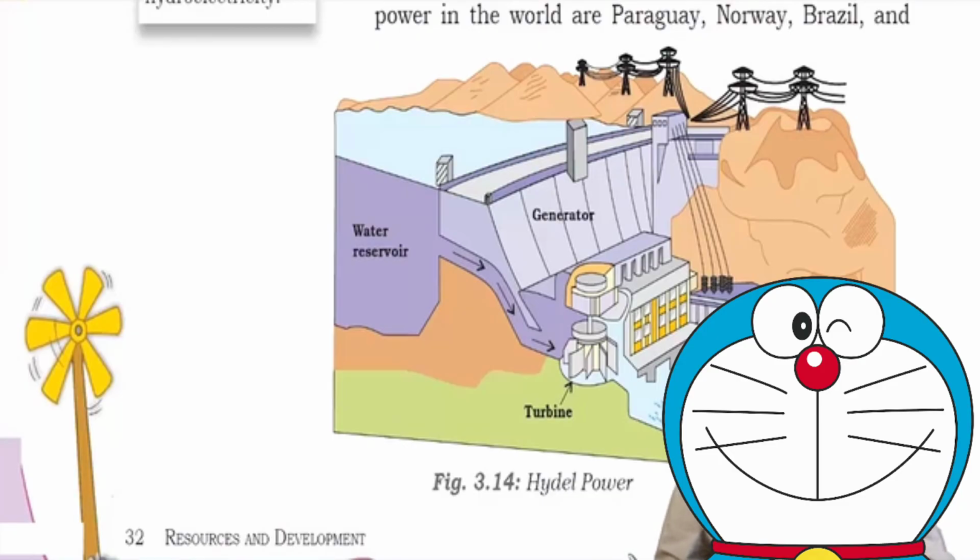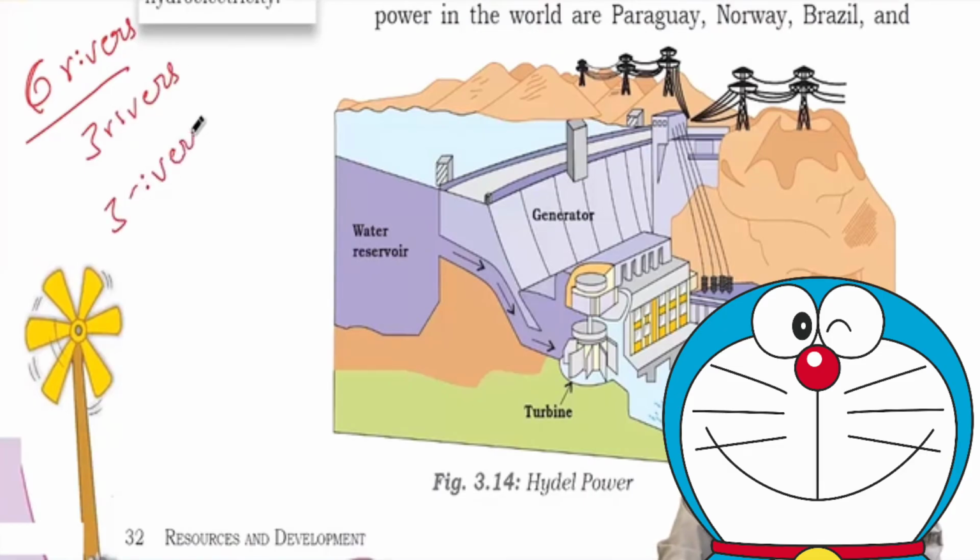Why is it important? When we talk about India and Pakistan, the rivers which flow between India and Pakistan are the Indus and its tributaries. You have 6 rivers between India and Pakistan. 3 rivers are given to Pakistan and 3 rivers are given to India.